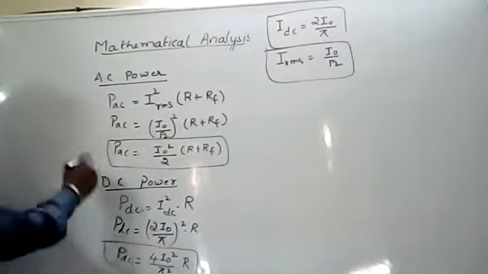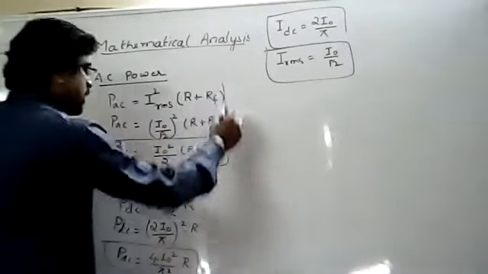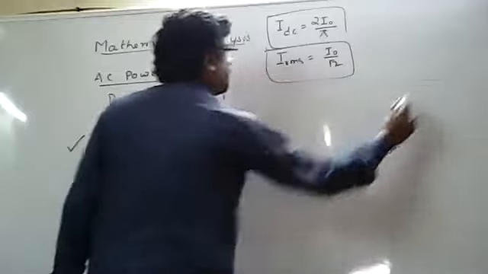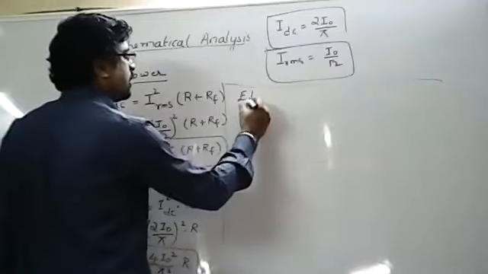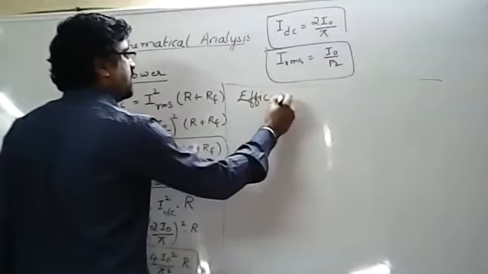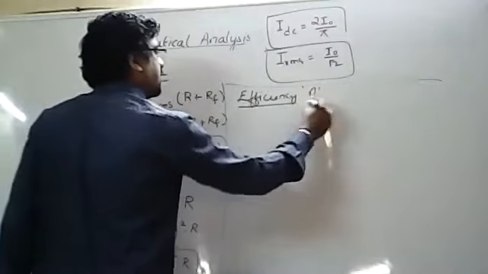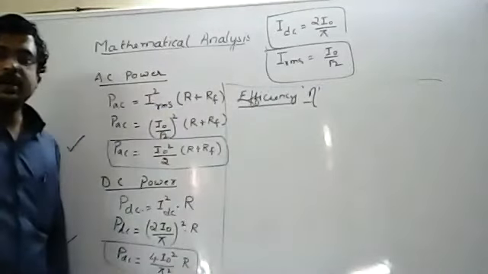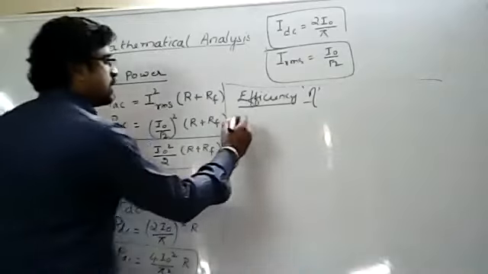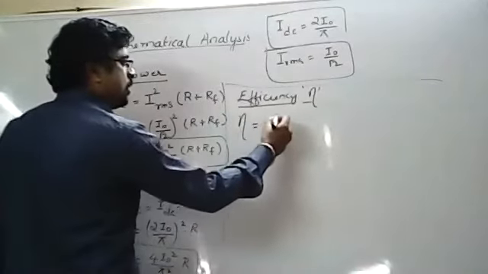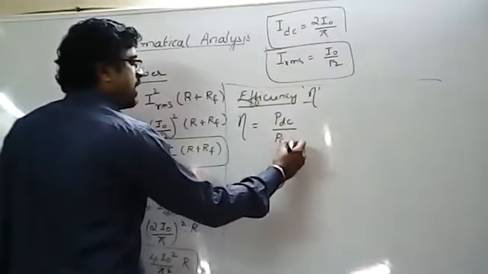Once I got AC power and DC power, then what I need to calculate? I need to calculate the efficiency, that is eta. Eta is equal to DC power, the output power, by input power.